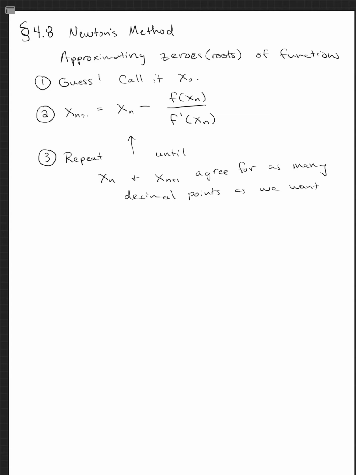Right, so we're approximating, so we're going to be getting a decimal that's close. By the time xn and xn plus 1 agree, then xn plus 1 is going to be the same as the 0 for that many decimal points. It'll differ later, but for our approximation, we only care to a certain number of decimal points. So let's do some problems.